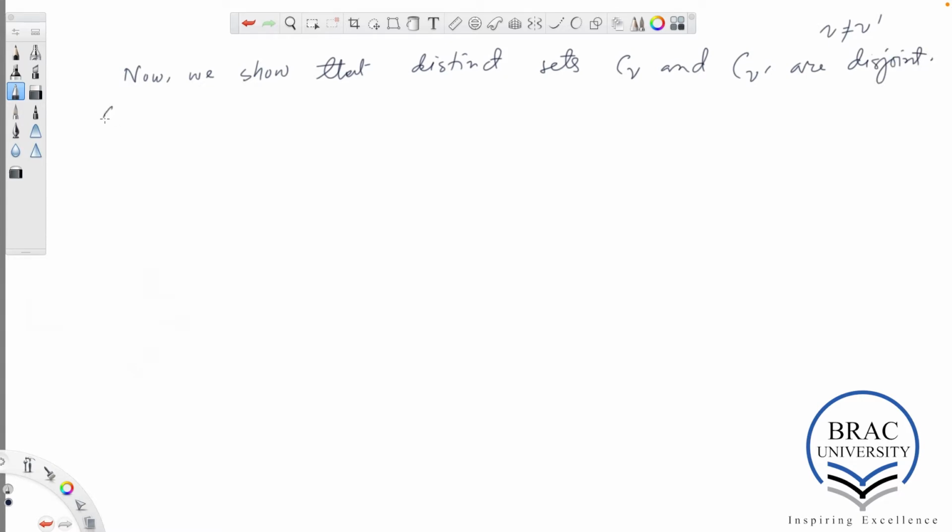Okay, so suppose the contrary. So we proceed by contradiction. Suppose the contrary holds, with x belonging to the intersection of these two sets.